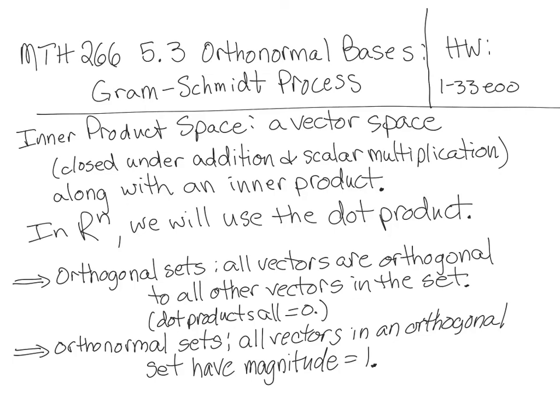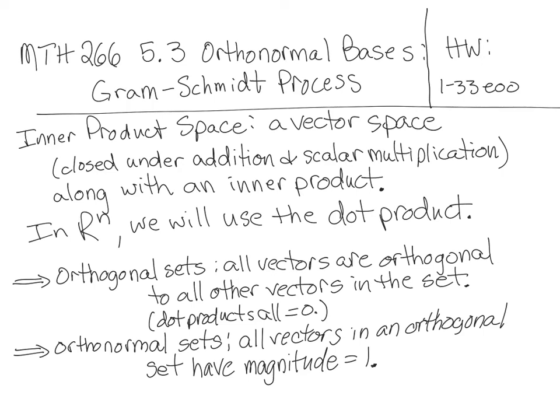In section 5.3, we're taking the concept of a basis of a vector space and honing in on it and making it a lot easier to use. What we're going to do is take a given basis and manipulate those vectors. Remember, any linear combination of the vectors in a basis will produce every single vector in the space.